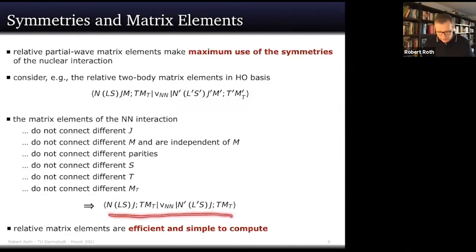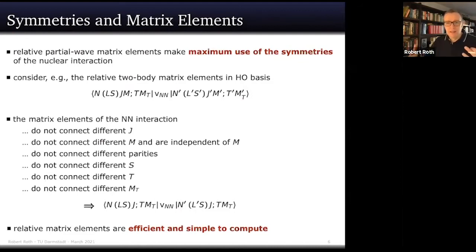These matrix elements can only have off diagonals with respect to these quantum numbers for N and L. This is the only stuff that is left. Otherwise, all the rest, bra and ket quantum numbers have to be the same, simply because of symmetry considerations.